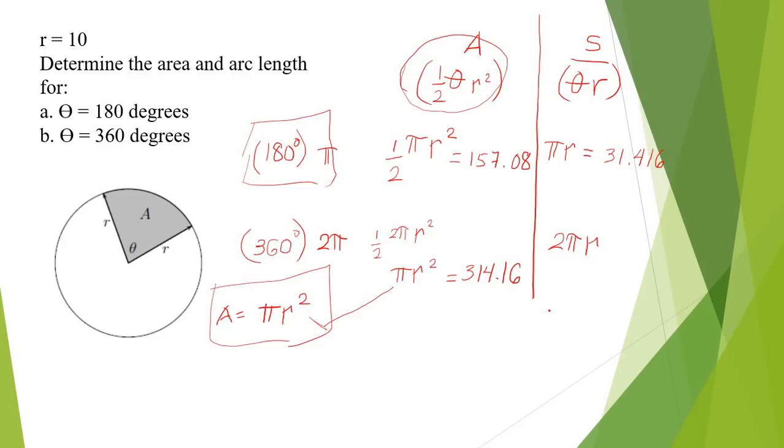Again, this is the perimeter of our circle. Okay, so if you know this formula, then you'll be able to solve for any area for any sector, including the circle. And likewise, you'll be able to solve for the arc length and the full perimeter of your circle.